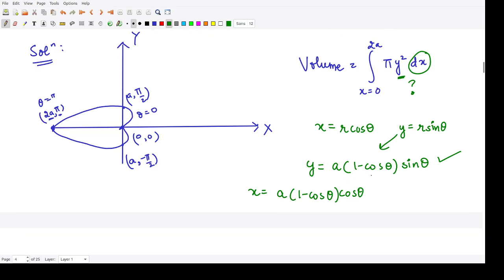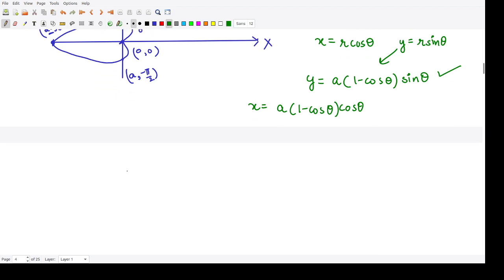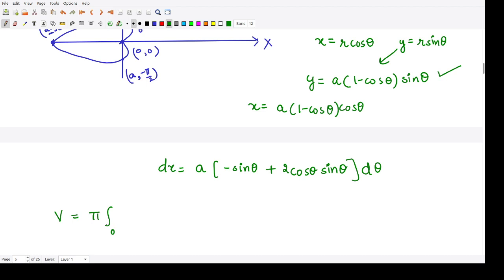So what would be the value of dx? When you differentiate this, a is constant, the derivative of cos is minus sine theta, and the derivative of minus cos square theta is plus 2 cos theta sine theta, times d theta. Therefore the volume becomes pi integration, with limits of theta.